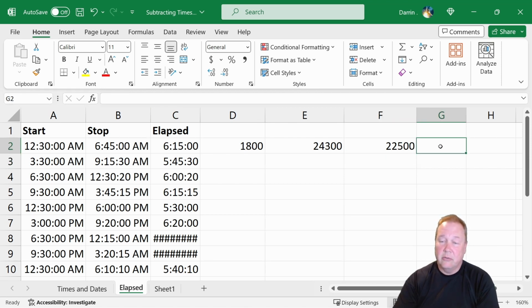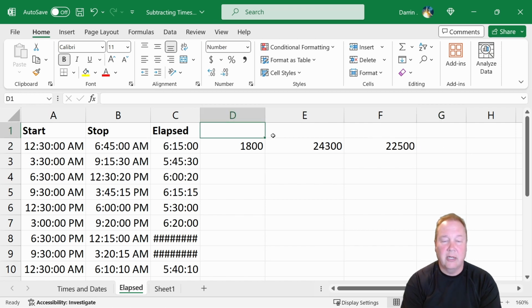And then I need to pull that back into something useful because 22,500 seconds just isn't that intuitive for us. Working with whole numbers, very intuitive. Working with 22,500 seconds, not great. Okay, so now we have to convert this back to hours, minutes, and seconds. And how do we do that? Well, let's put some headers on here because this is going to get confusing pretty quick.